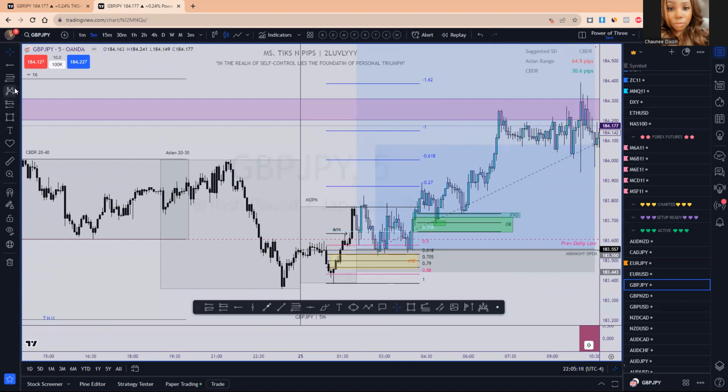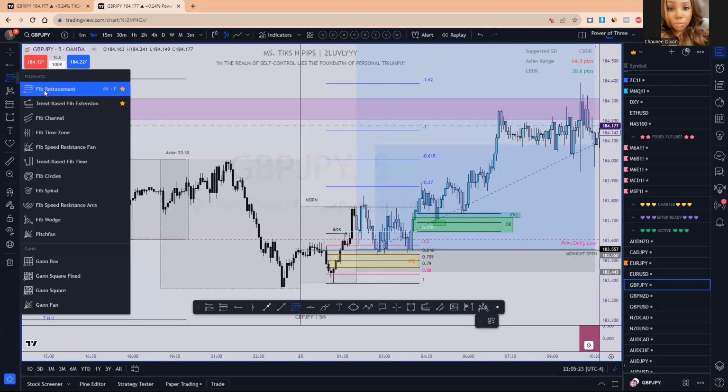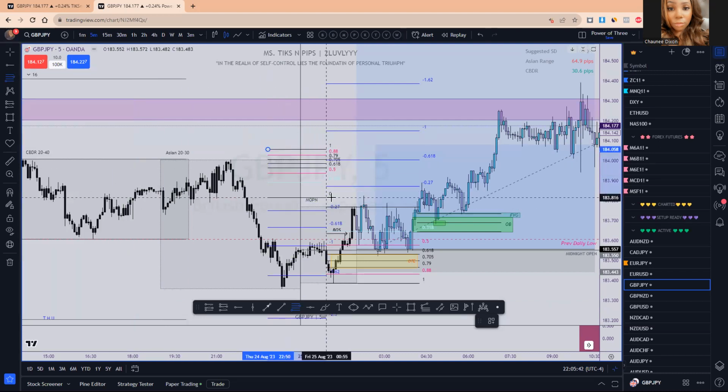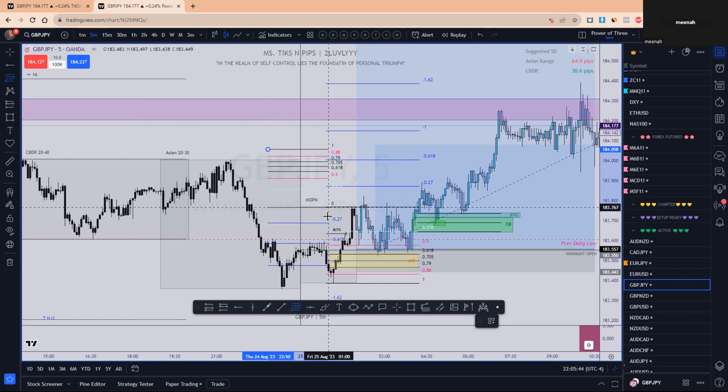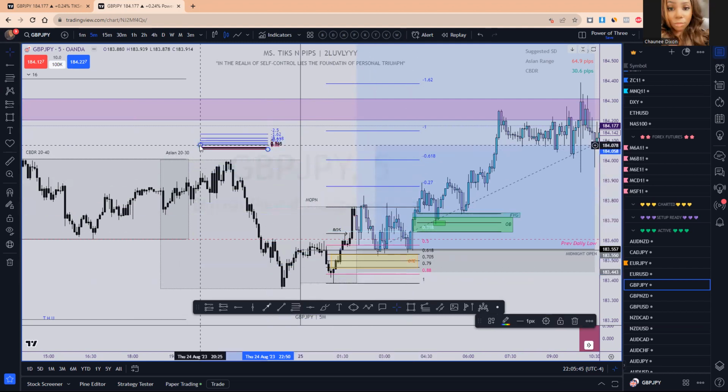That is also the third icon down on the vertical toolbar here. For me, it's the first one in the list. I think some people's lists are different for some odd reason, but for me, it says fib retracement. It also gives you the shortcut on your keyboard, which is Alt and F together, to start plotting that as well. Thank you. You're welcome.